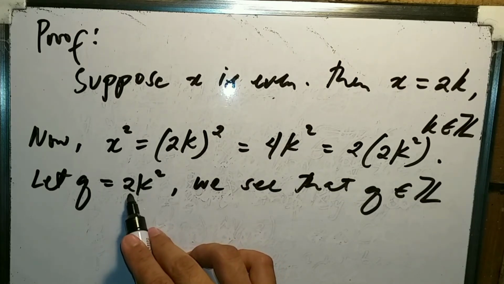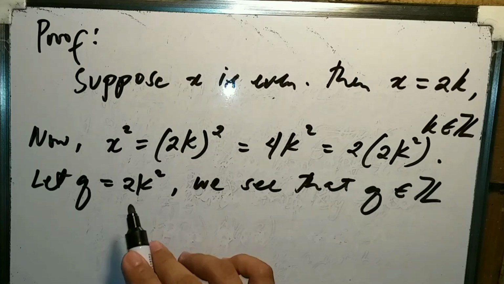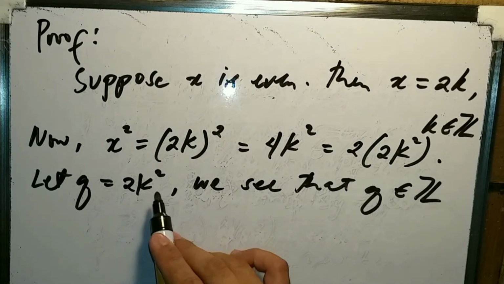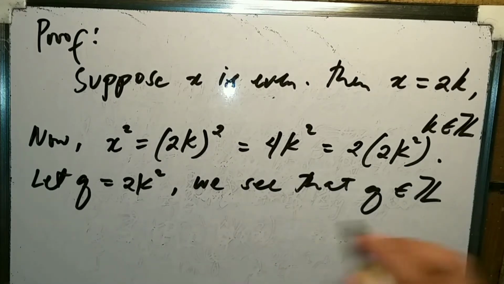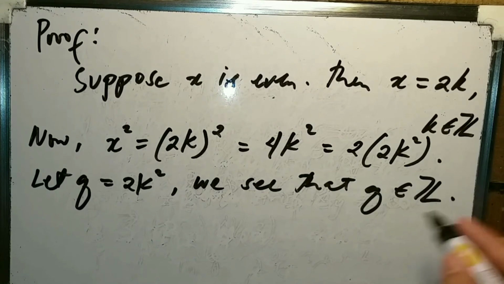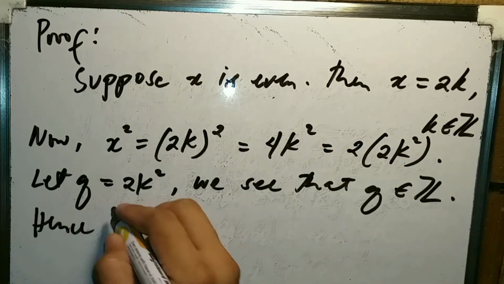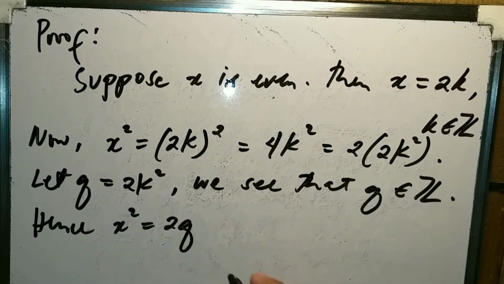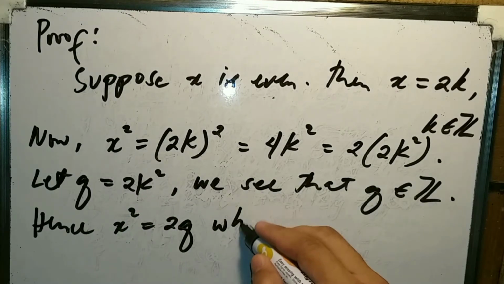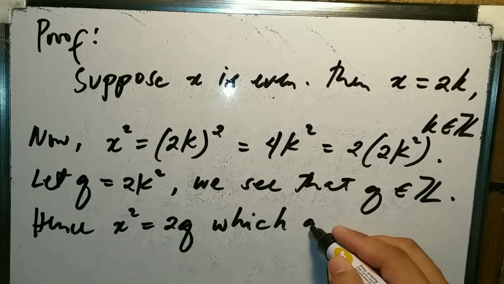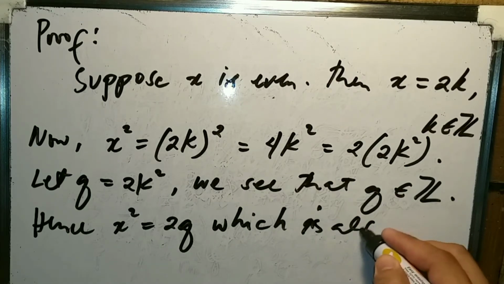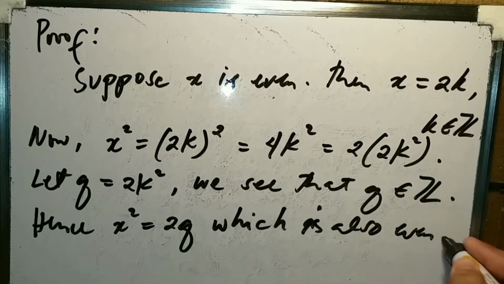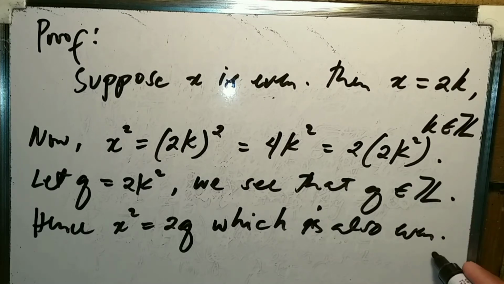If we multiply it by 2, it is also an integer. So hence, x squared is equal to 2 times q, which is also even by definition. So we may end the proof.